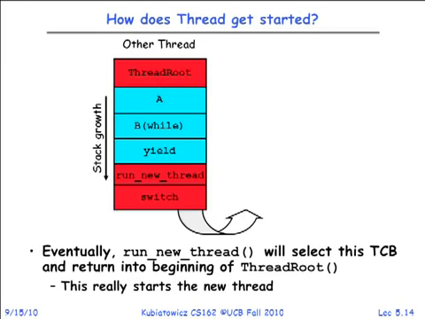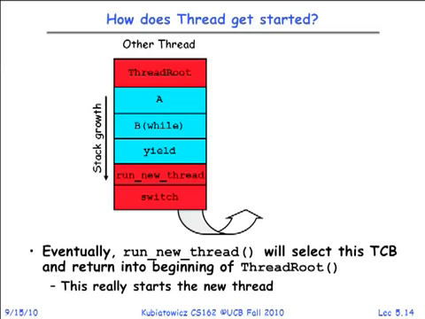Okay, so we're going to ask exactly the question from earlier. We're going to assume S has started, but how do we start T? Notice that here's S. We come down, we hit switch, and now we're going to switch to this little TCB that we've just initialized. What registers?